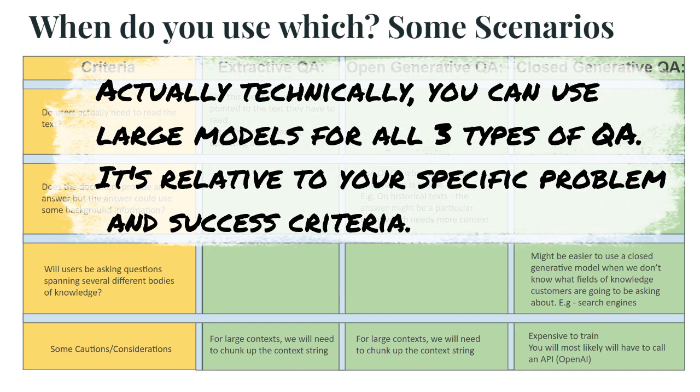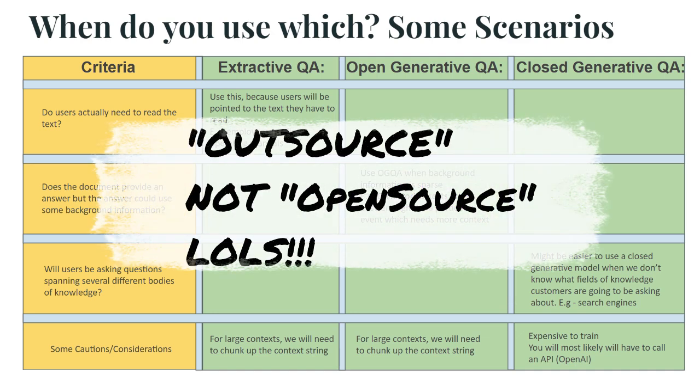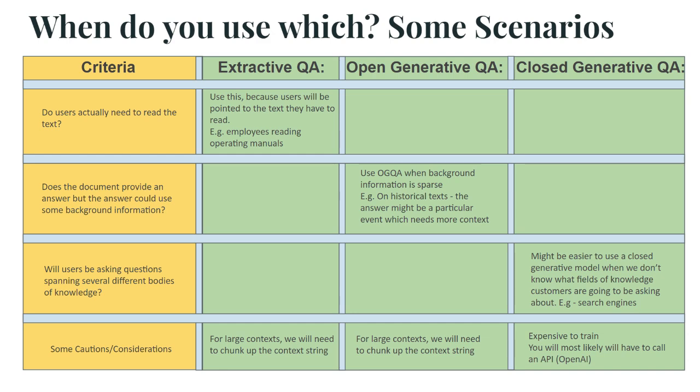Fortunately, you can use open source models, but you still have to read up on their licenses, and you still have to manage the usage of that large model. Alternatively, you can call an API, but that's going to be expensive, and there are design considerations for that as well for your software. So yeah, let's move to the next slide.